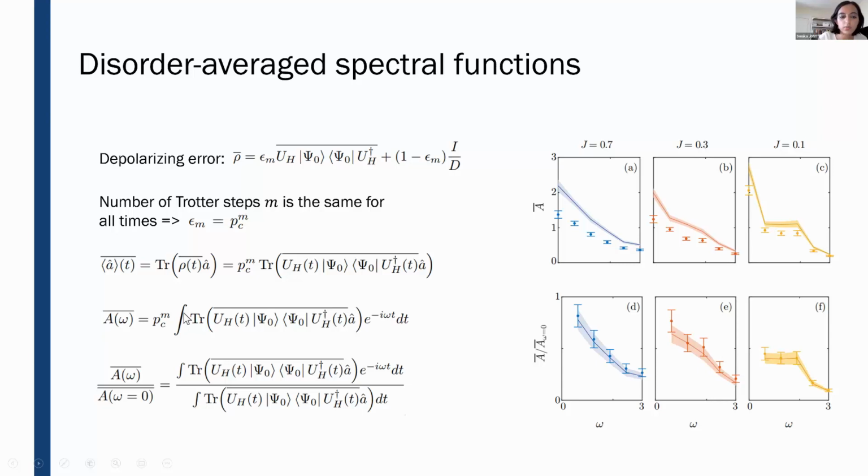Since p is less than 1, your value of A is always suppressed compared to the correct value, which is also what we see in experiment. But if you set omega equal to 0, this factor remains the same, again p to the power m. So if you divide by omega equal to 0, you cancel the p to the power of m. Does that make sense?